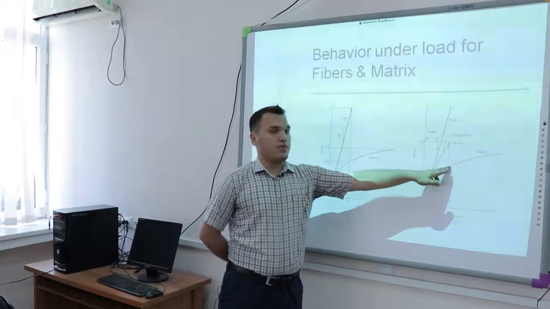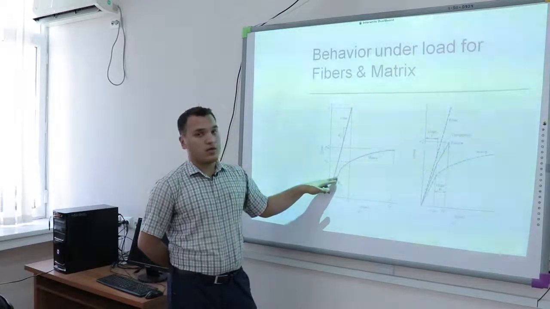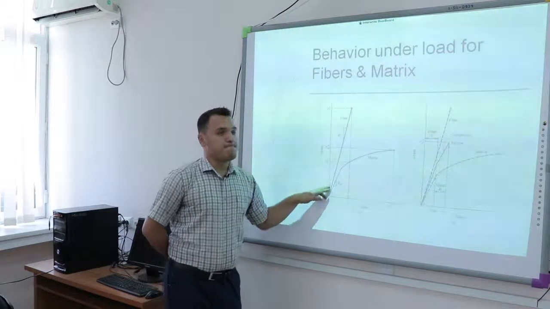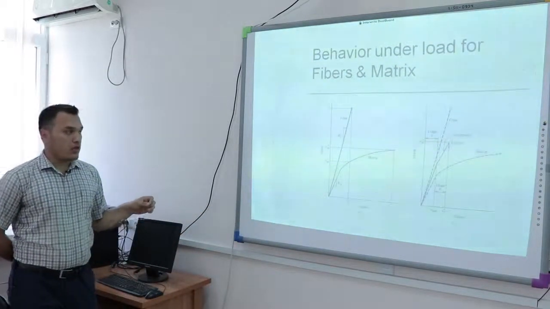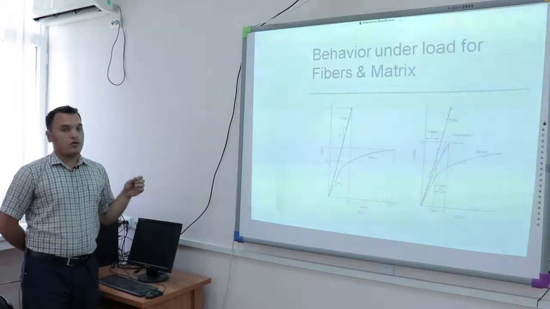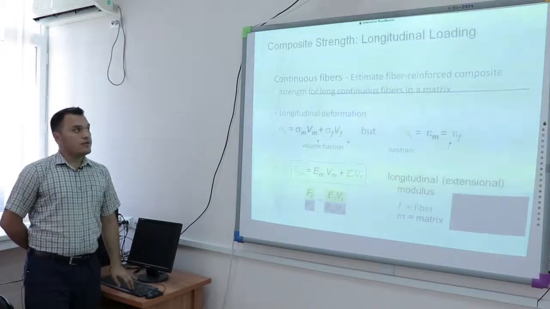And the difference between fiber and matrix composite materials: if we continue to add load, the matrix will be deformed in some way, but the fiber will not be. So in aerospace or space industries, we only use fiber reinforced composite materials.